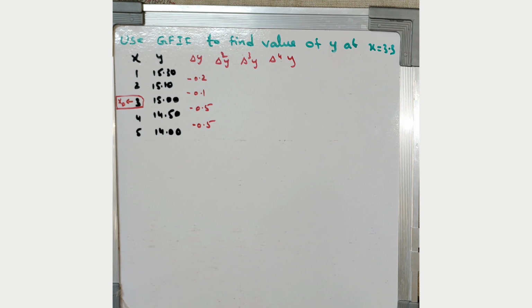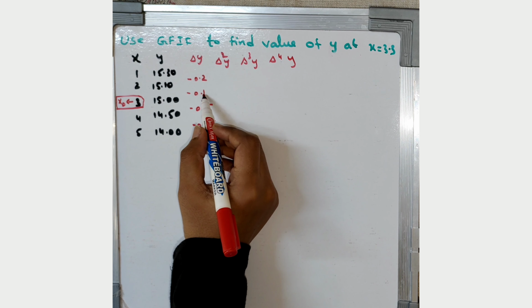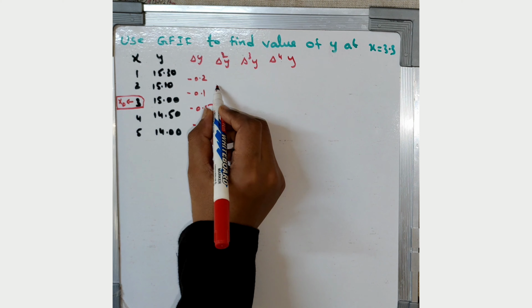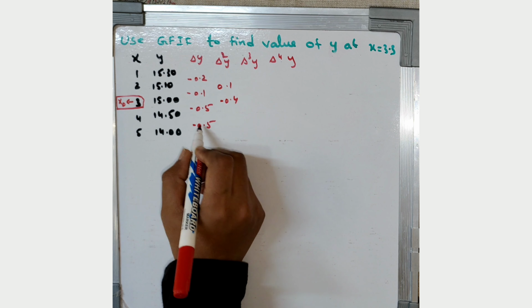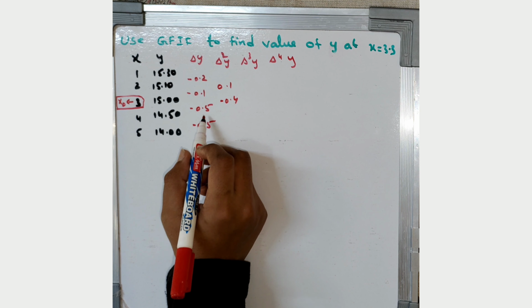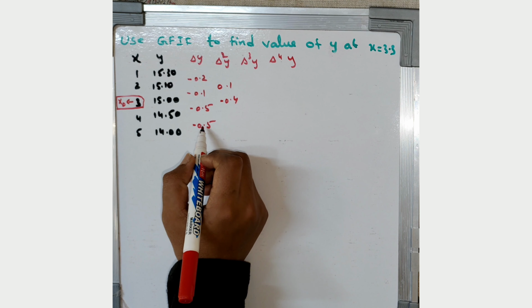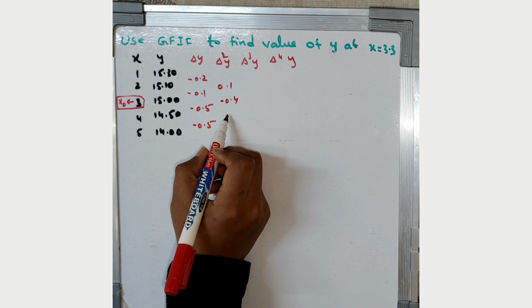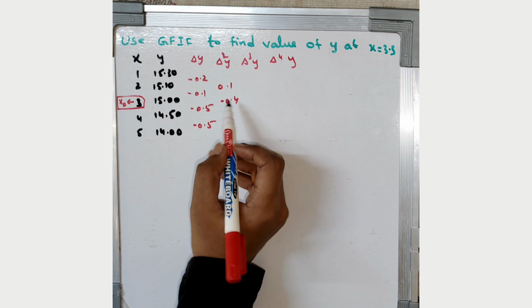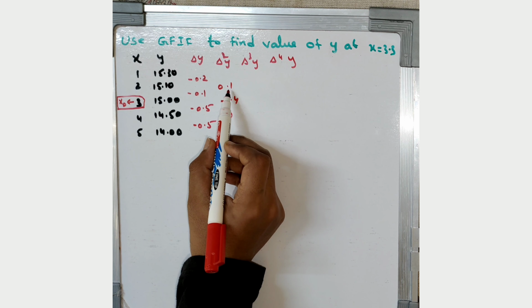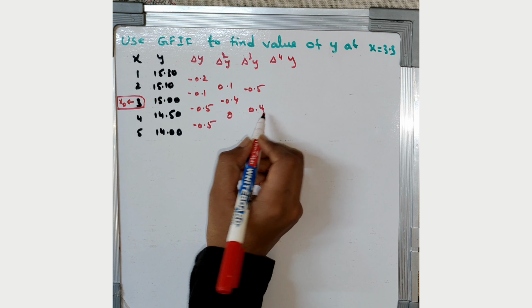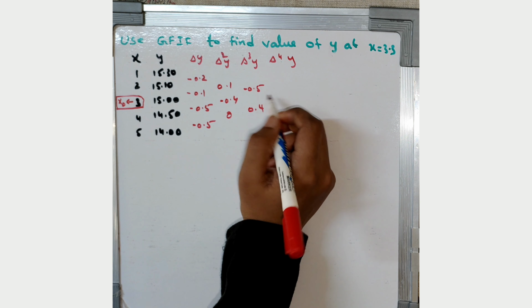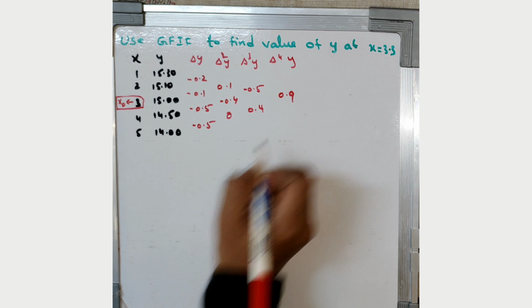Now again, minus 0.1 minus of minus 0.1 will be plus 0.1, and this will be minus 0.4. Minus 0.5 minus of minus 0.5 will be minus 0.5 plus 0.5, which is 0. Again subtract: minus 0.4 minus 0.1 minus 0.5, and this value will be 0.4. 0.4 plus 0.5 will be 0.9.